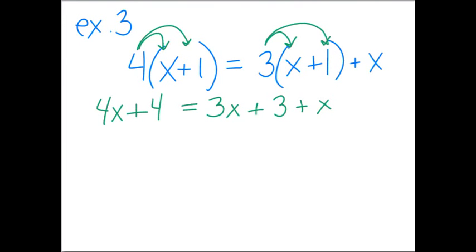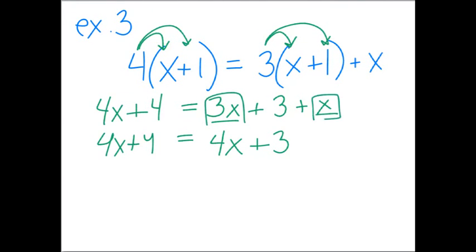So my left-hand side is simplified, but if you look at the right-hand side, I have a 3x and another x. So I'm going to combine those to 4x. Okay, so I get 3x plus x equals 4x. Remember, this x is the same as 1x. 3x's plus 1x is 4x.